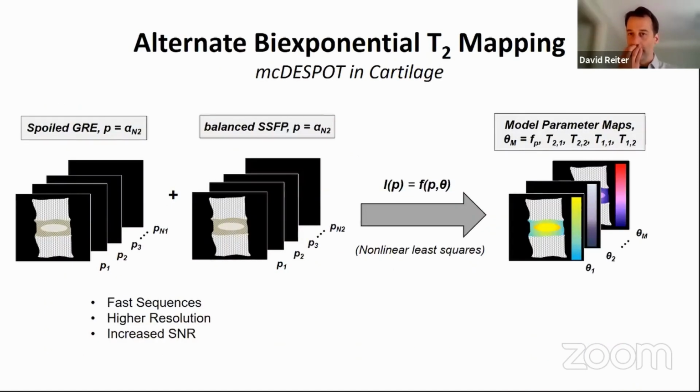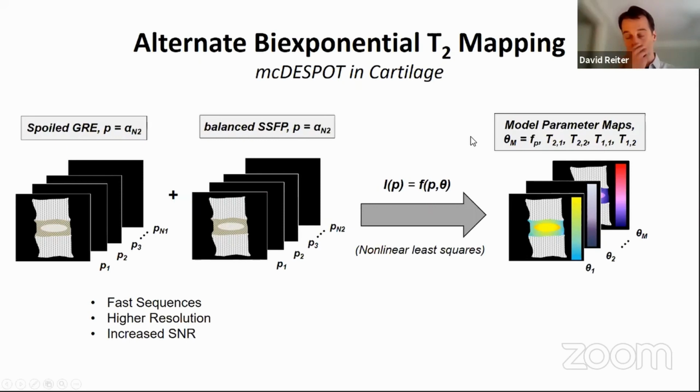Just to illustrate some other approaches that step outside the more classic ways of measuring relaxation on the acquisition side, there are approaches that use gradient echo sequences that can be much faster, higher resolution, and produce higher signal to noise. This is an example where spoiled gradient echo and balanced steady state free precession imaging can be used to quantify bi-exponential T1 and T2 relaxation.